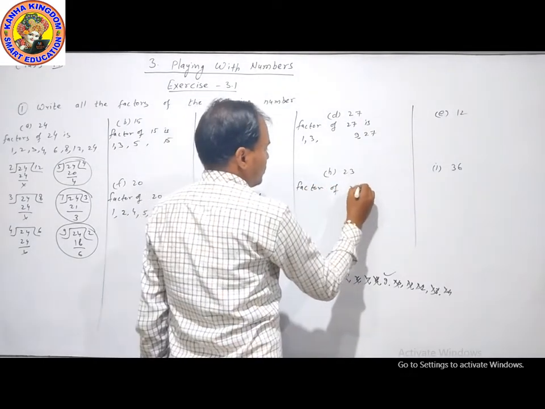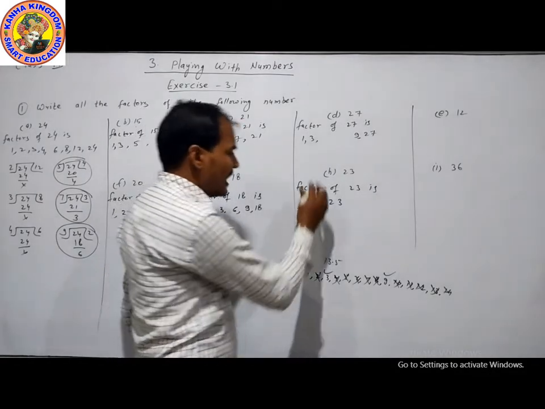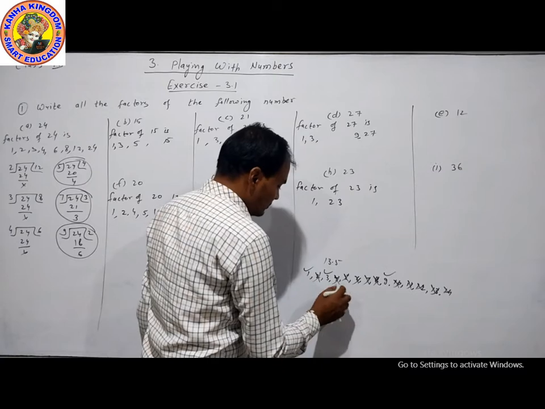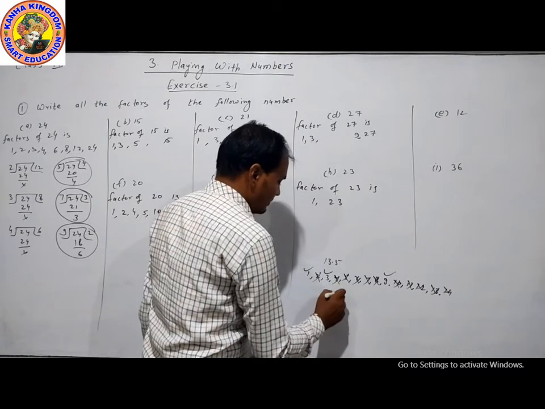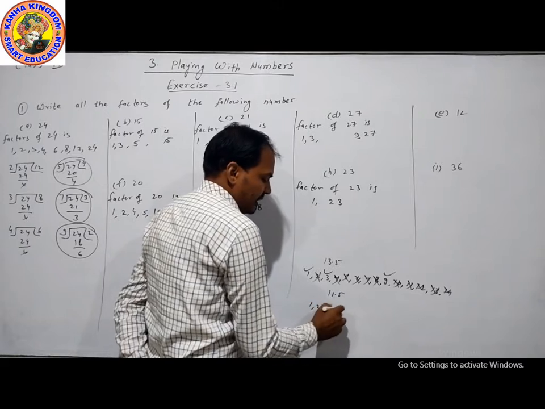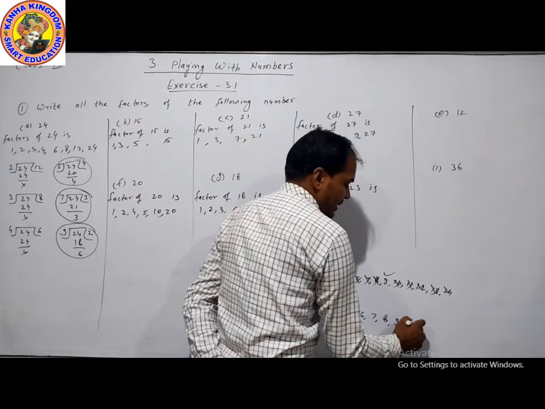Factors of 23: 1 and 23. Half of 23 is 11.5. So 1, 2, 3, 4, 5, 6, 7, 8, 9, 10, 11.